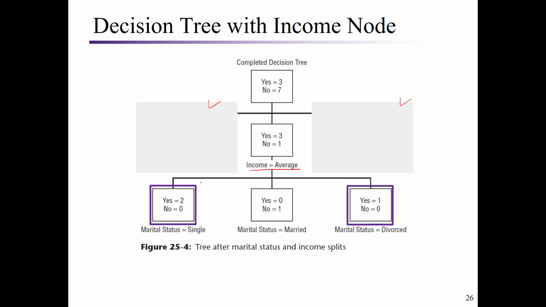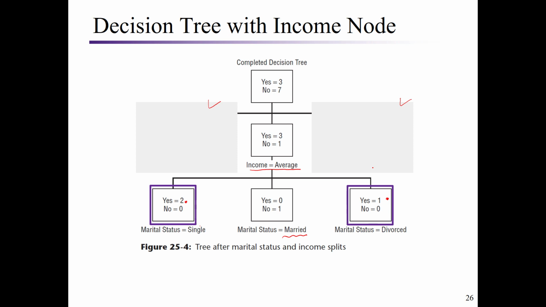When you look at the number of purchasers in each segment, if consumers are single, 2 people bought, and there are 2 customers in that segment. When the marital status is divorced, 1 person purchased, and in fact there is only 1 person in that segment. Married, out of 1, no one purchased the Greek yogurt.